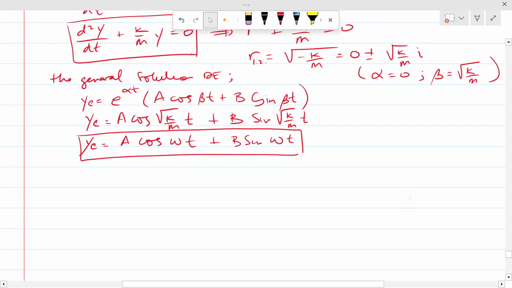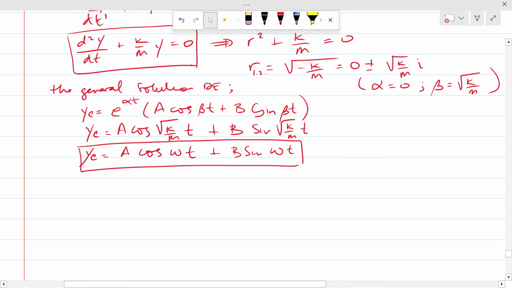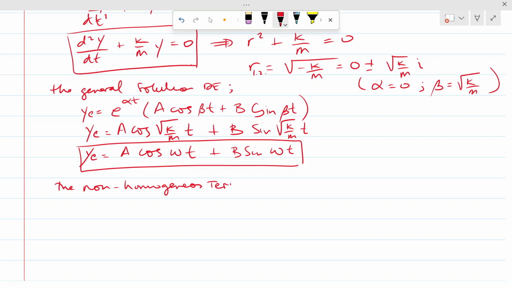Now look at the right terms. Okay, the term on the right, the non-homogeneous term, which is f naught times cos w naught t.